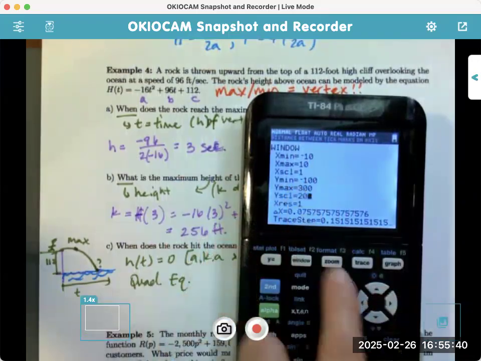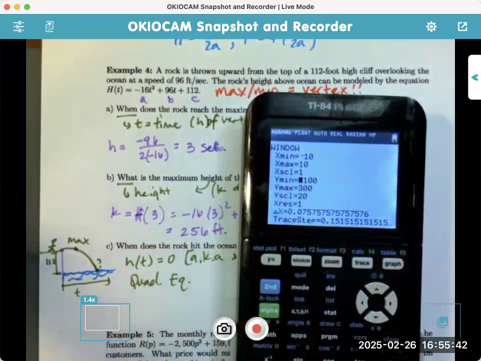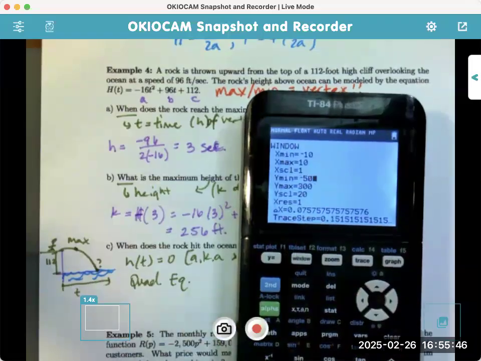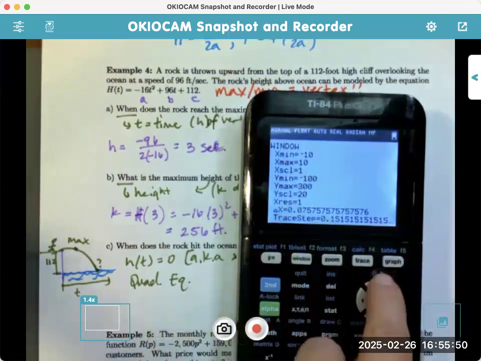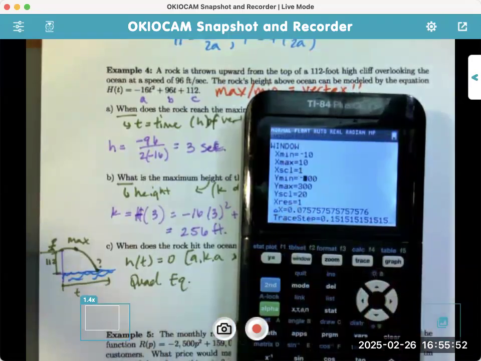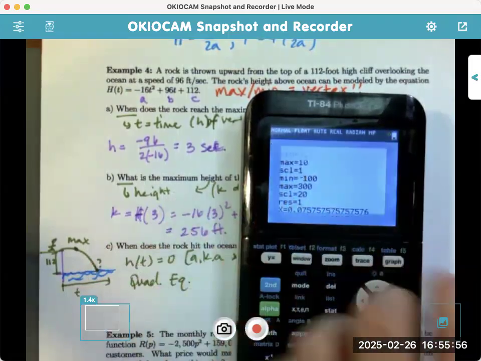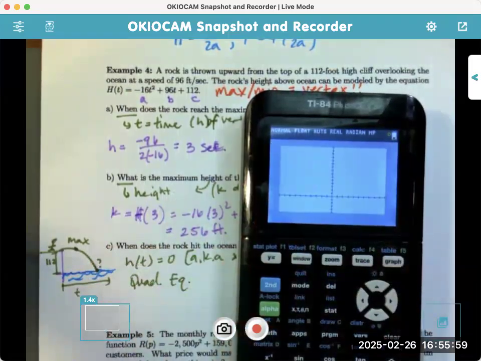My Y min, let's make it negative 100. Anyways, every tick mark on Y is 20, so it's not to scale. But again, when are my graphs ever?